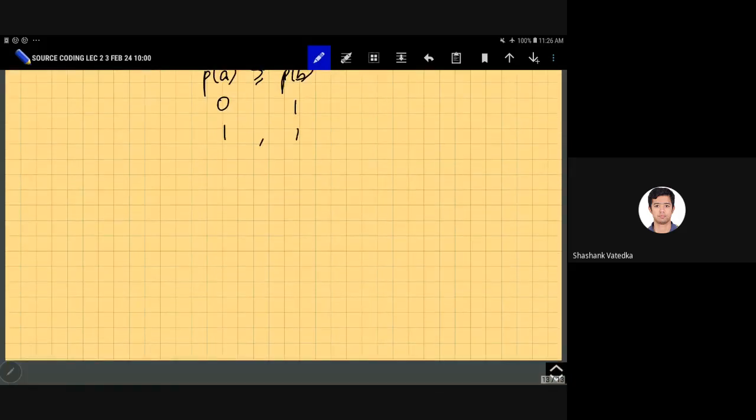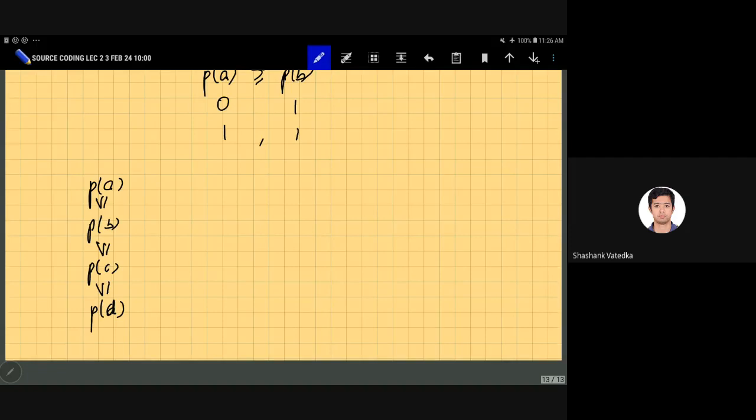Okay. So let's look at this as an example. Let us say that we now have four symbols with probabilities P of A, P of B, P of C, and P of D, and let us assume that the probability of A is greater than or equal to the probability of B, which is greater than or equal to the probability of C, greater than or equal to the probability of D. The way the Huffman coding algorithm works is, it tries to iteratively reduce the size of the alphabet.